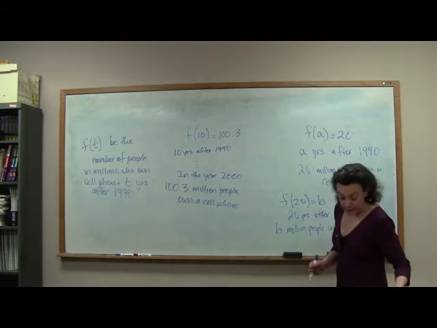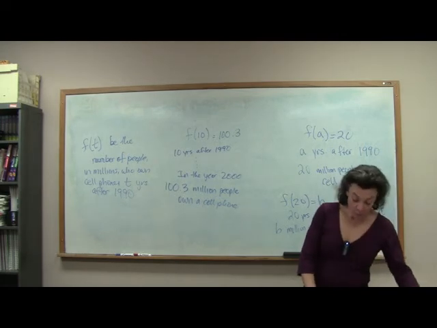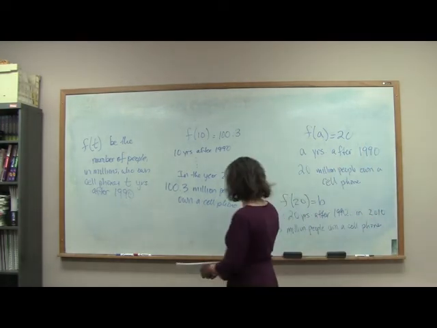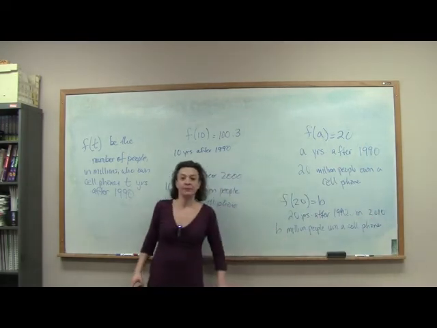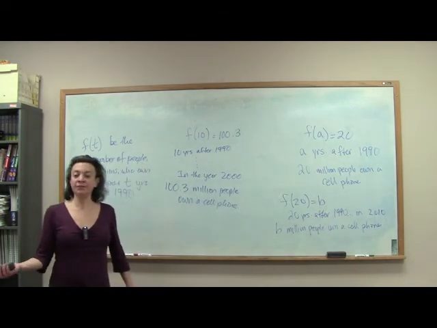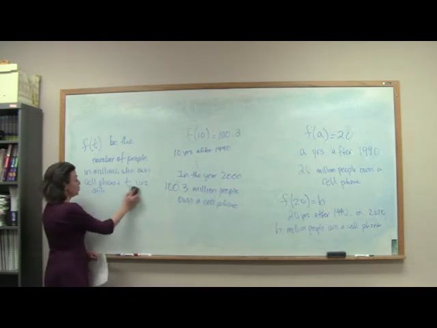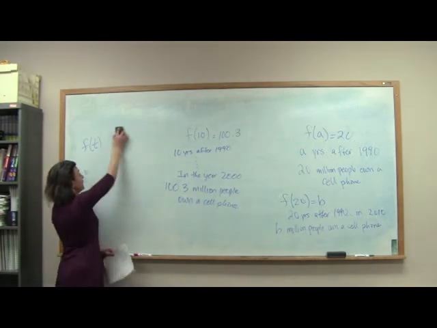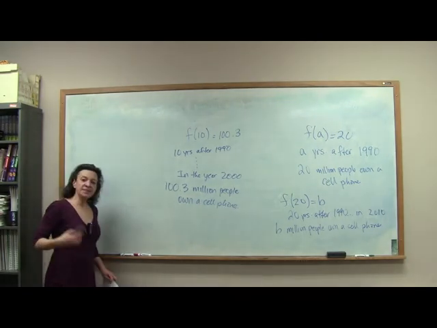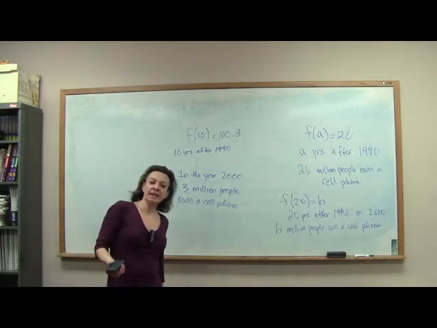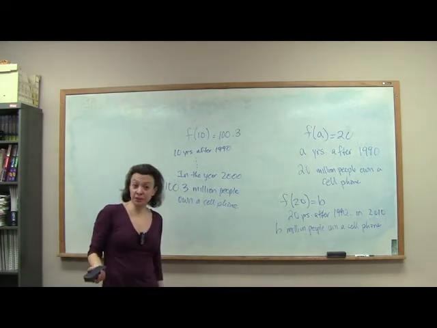So, let us do one more idea in this section, and this is a really important idea. How do you know if you have a function? Two quantities can be related, but it doesn't necessarily mean that they're related by what we call a function.